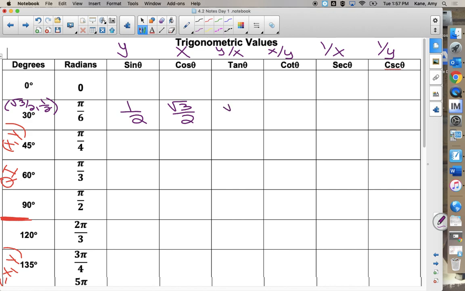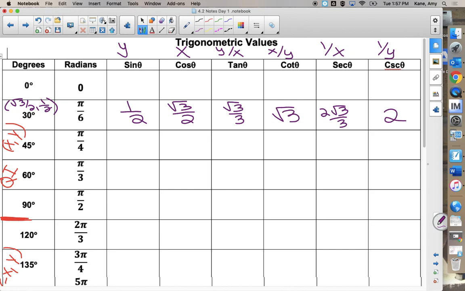The tangent is the square root of 3 over 3. The cotangent is just the square root of 3. The secant is 2 square roots of 3 over 3. And then the cosecant is the reciprocal of 1/2, which is 2. Remember, we can calculate them. We just calculated them in the example. I just gave them to you quickly.